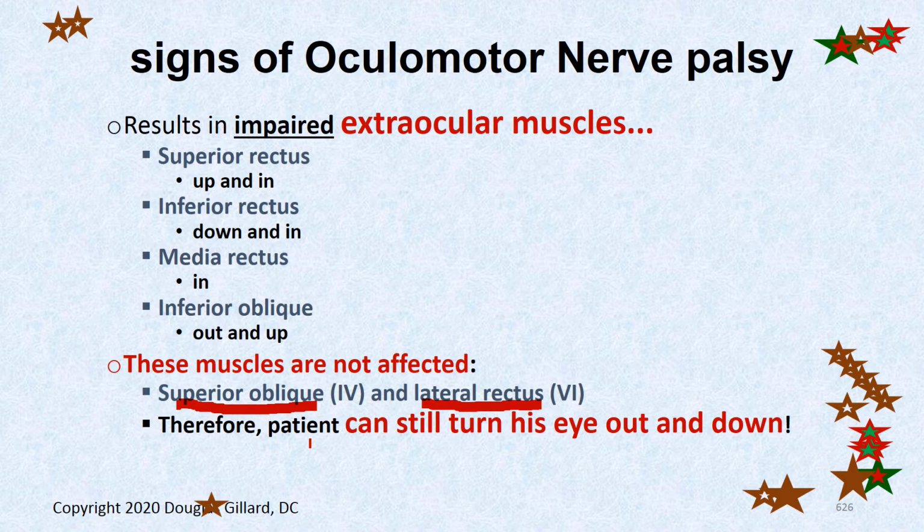Right? Therefore, a patient with an oculomotor palsy problem or an injury to the oculomotor nerve, they typically can still turn their eyes outward and downward. They have plenty of power to turn it out.